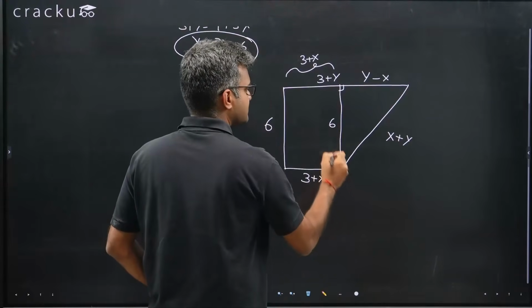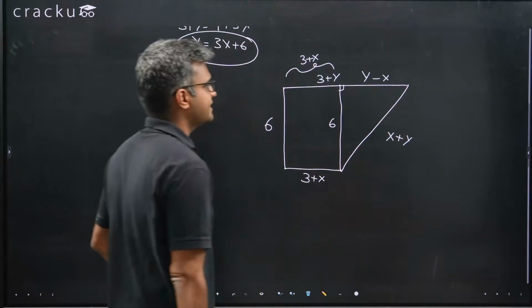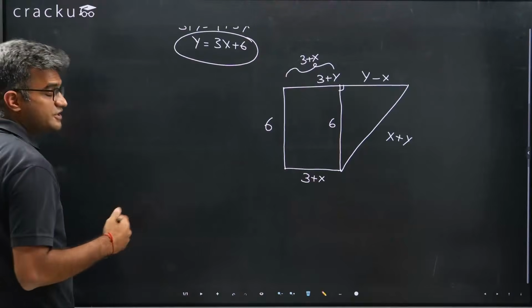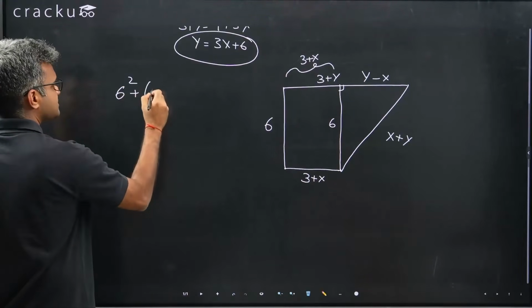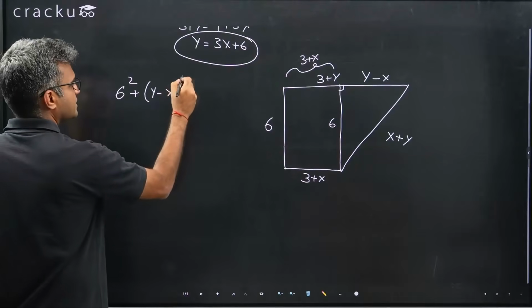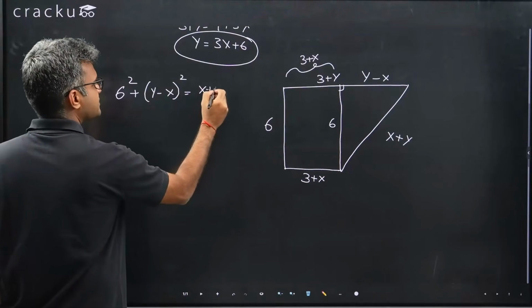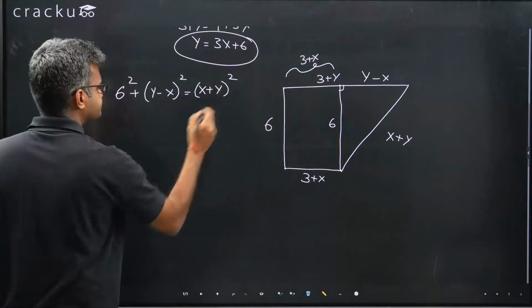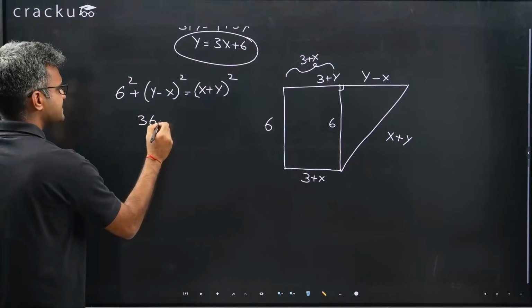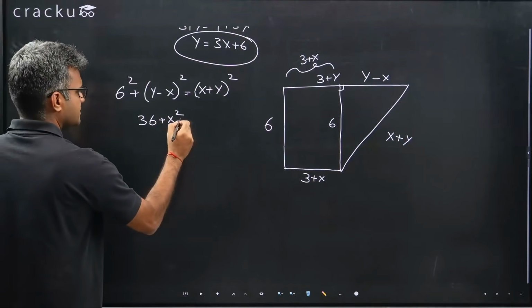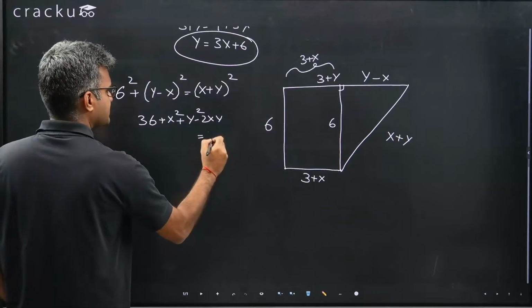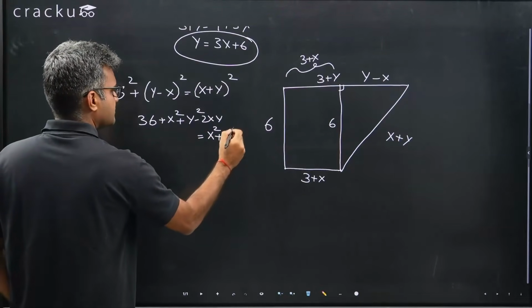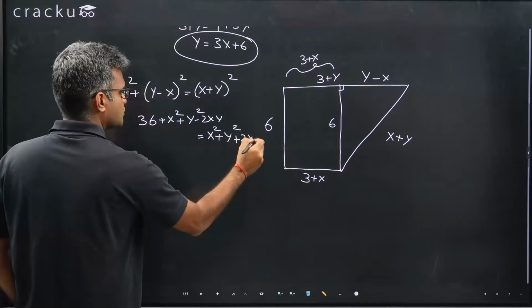This is 6. So if you're just looking at this right angle triangle and use the Pythagoras theorem, 6 square plus y minus x whole square is equal to x plus y whole square. You can simplify this. 36 plus x square plus y square minus 2xy is equal to x square plus y square plus 2xy.